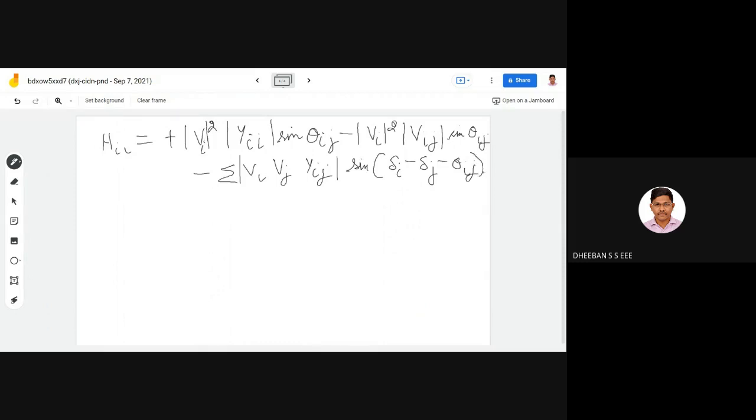This is coming out by expanding your sine theta formula.